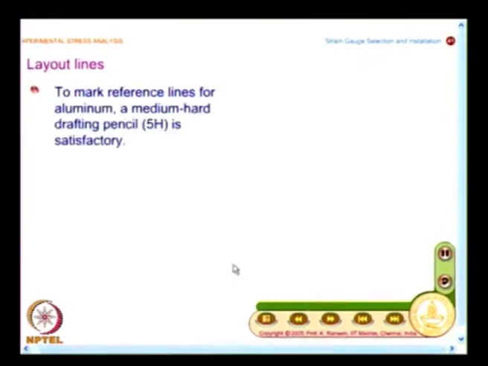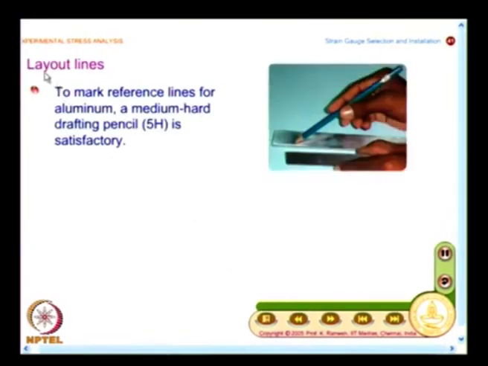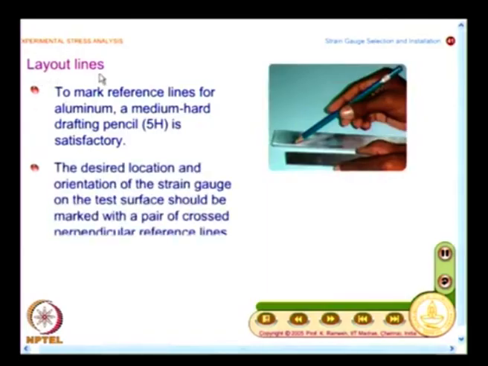And the next important step is to put the layout lines, and to mark you can even use a drafting pencil for aluminum, but for steel and other materials graphite pencil is not recommended. We will also see that.